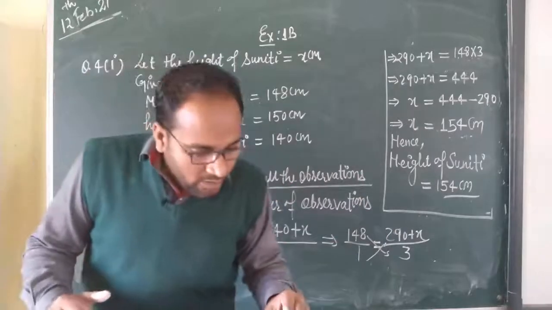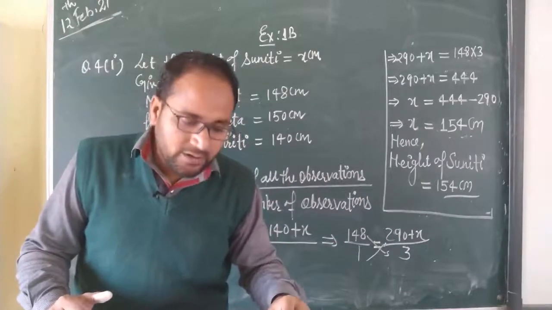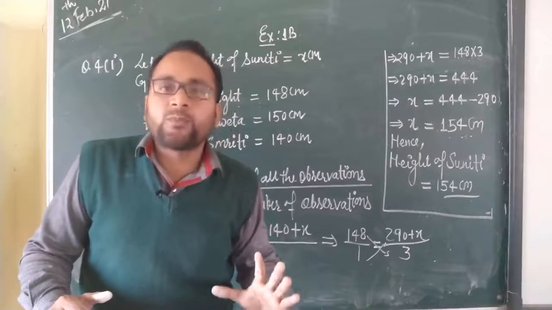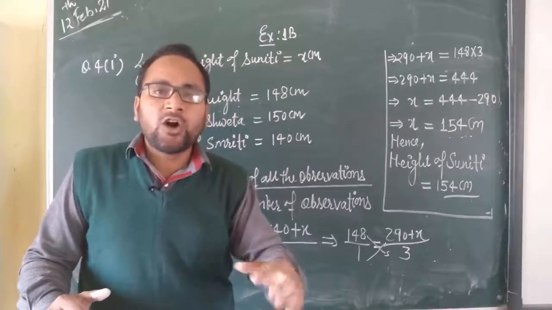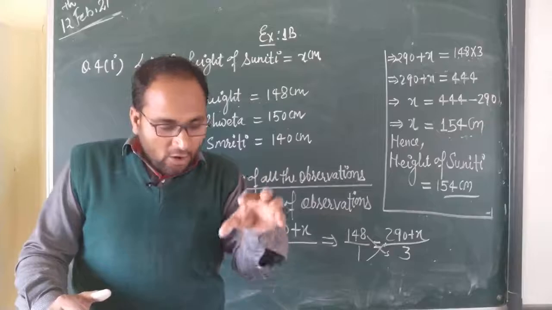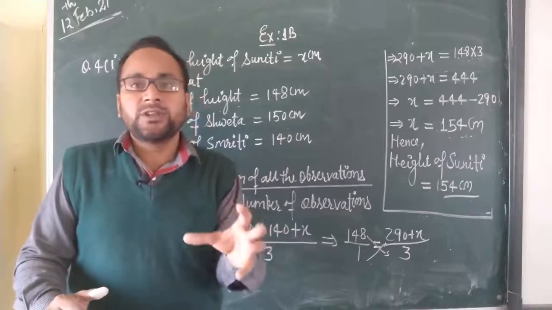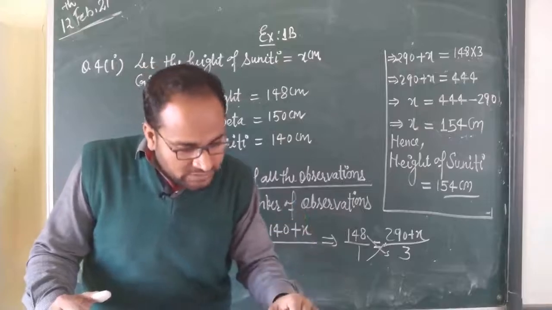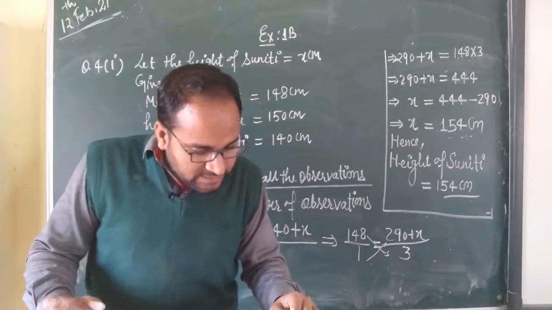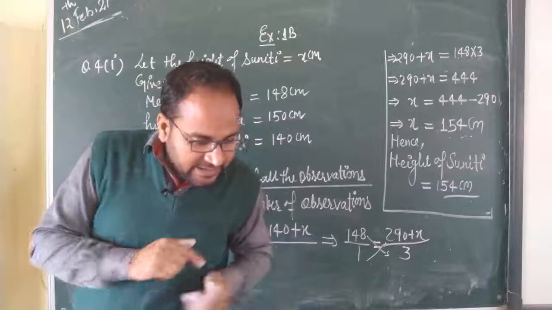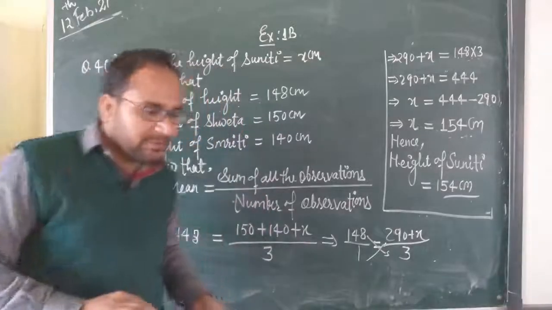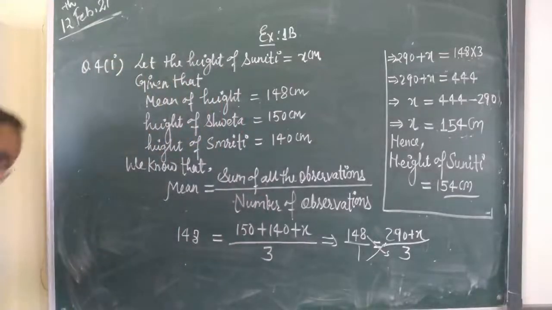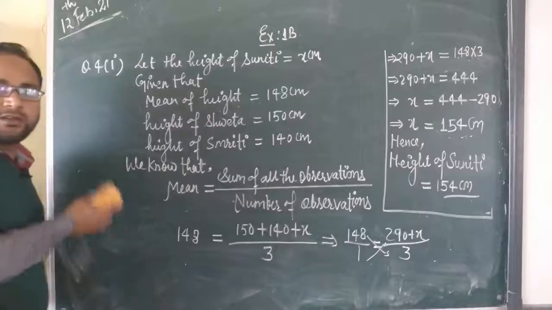In the same way, you will find the marks of the 4th student. Now I am going to talk about question number 5, and there are 4 parts. All are the same, and in all we will use the same procedure to find the solution. So I am going to do the second part.